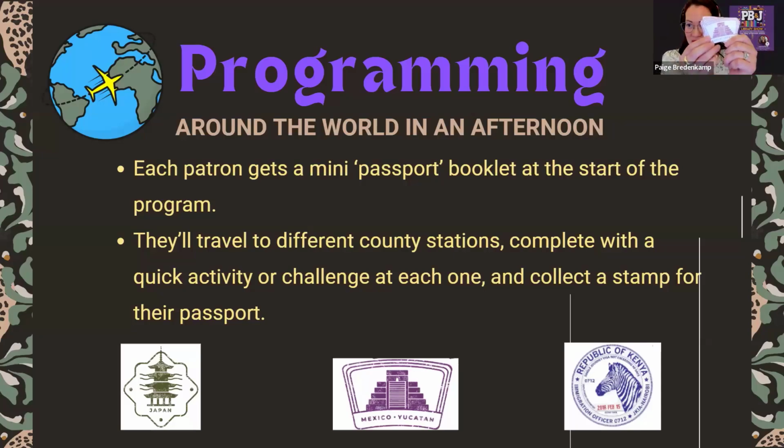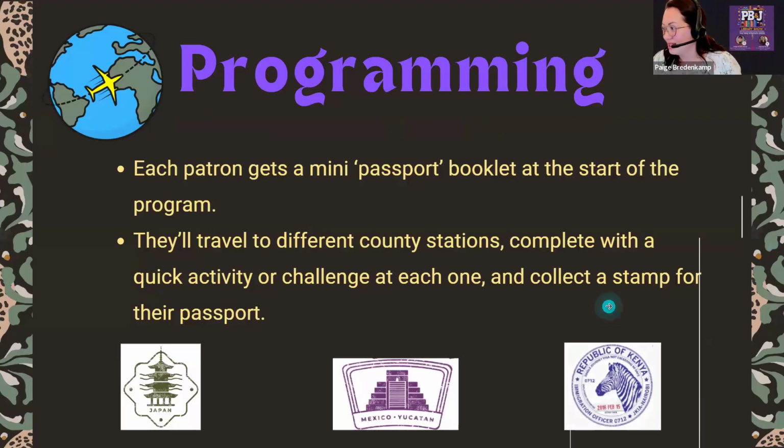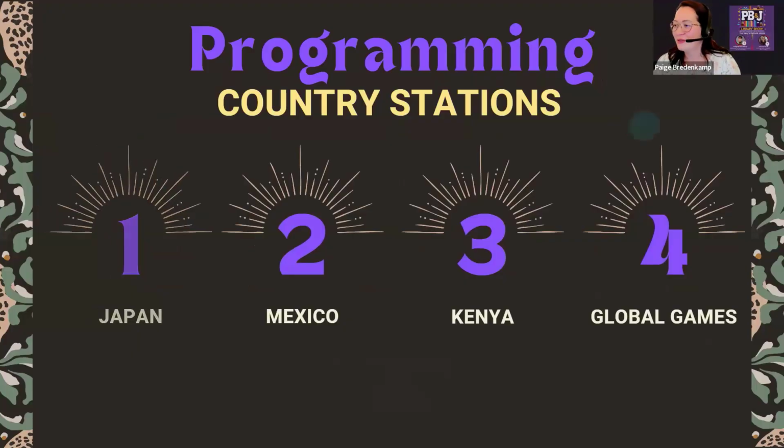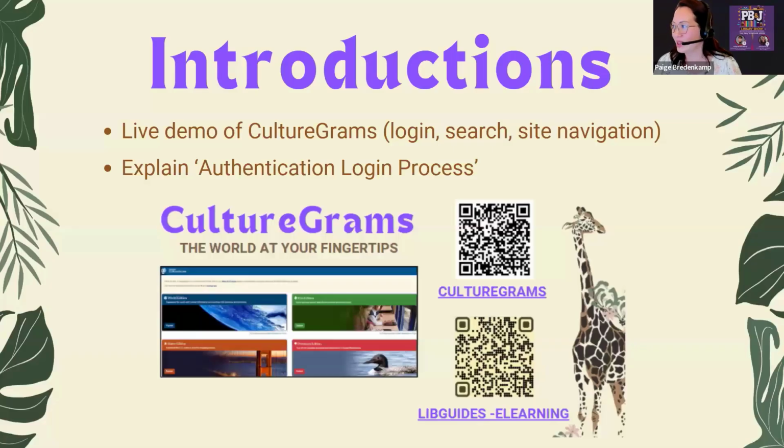Here's our Mexico stamp. And then here is the stamp for Japan. Those are three different countries we're visiting, spoiler alert. Our last one is global games, and I'll go into that at the very end. But first off, you would probably start with an introduction.